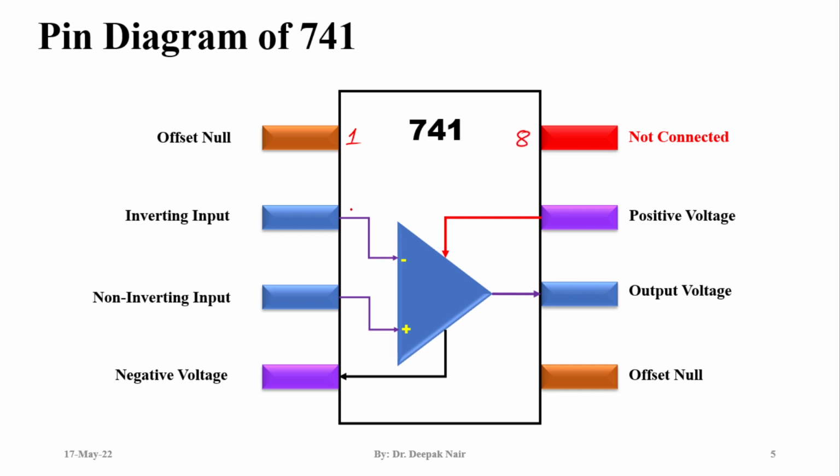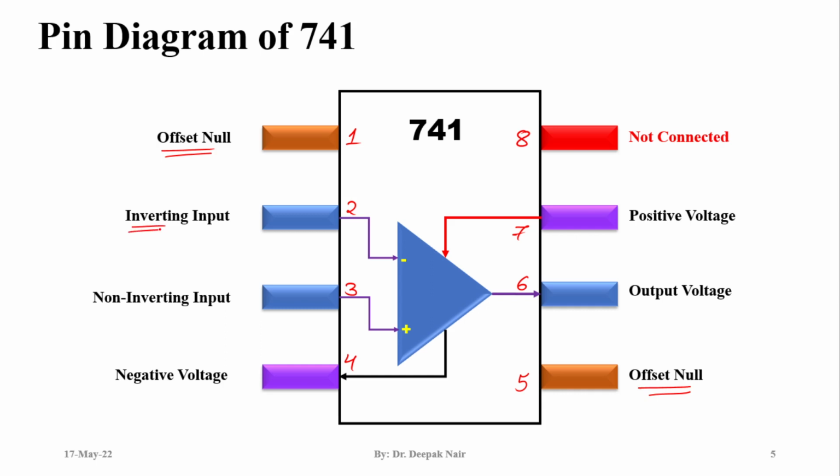So pin number 1, 2, 3, 4, and then 5 starts from here, then 6, 7 and 8. Pin number 1 and 5 are used together for offset null operation. We will come to this term in later videos.